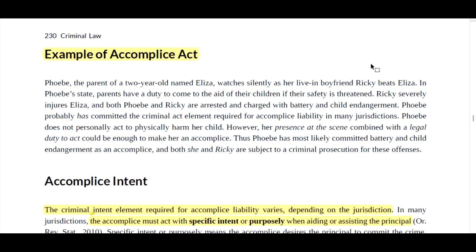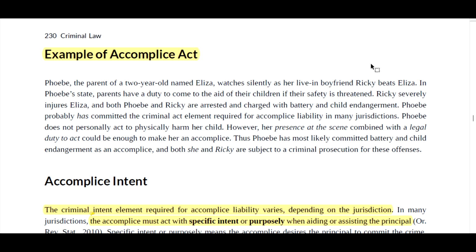So here we have a different example, and I just want to emphasize that every once in a while the book gives us an example that's just so not what I expect; it's realistic, but it's over the top. But this is an example of accomplice act. And just a quick warning, in the book as well as here, this is a mention of child abuse.